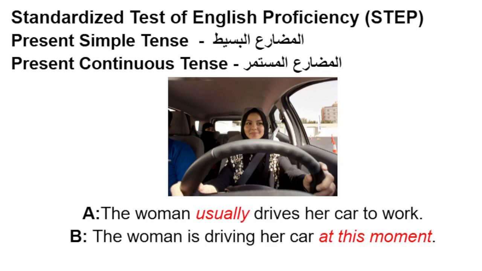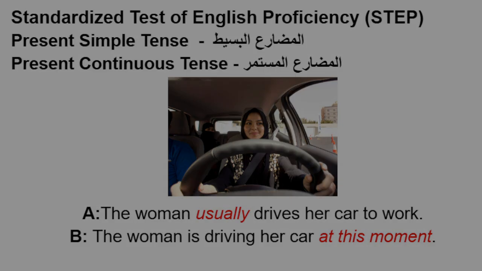The decision to use the present simple or the present continuous will depend upon the meaning you want to give. Do you mean it's an action which happens regularly, is habitual, or is generally true? Or do you want to talk about an action which is happening right now in this very moment?